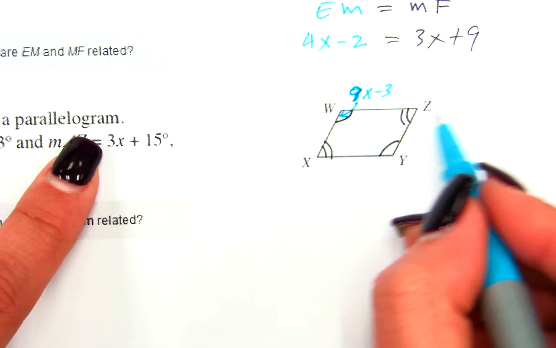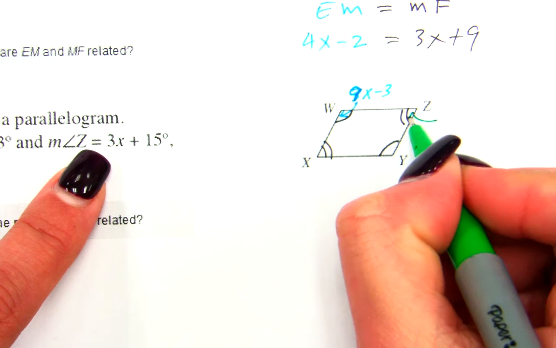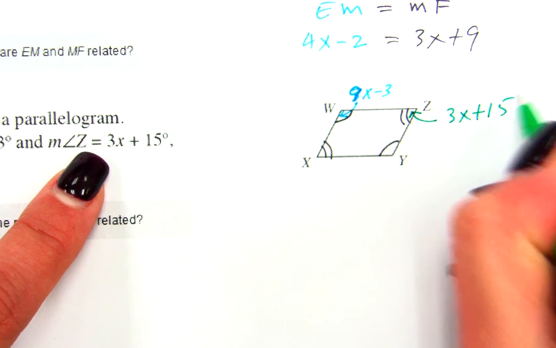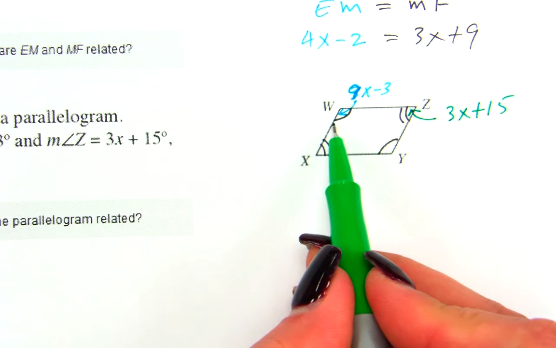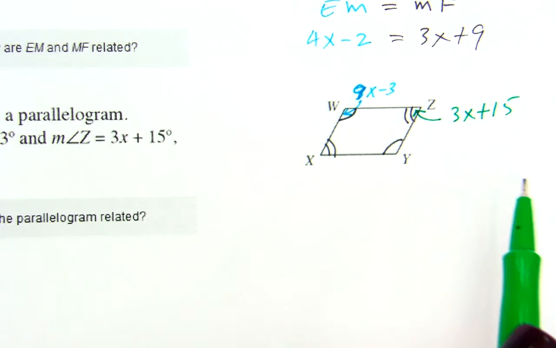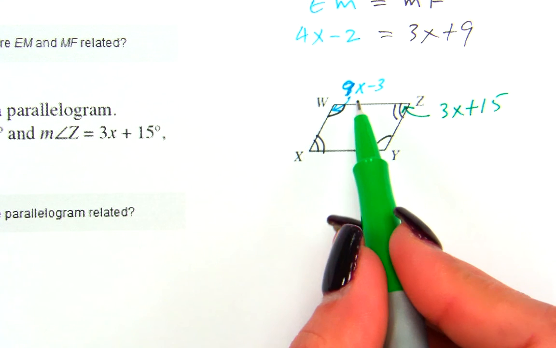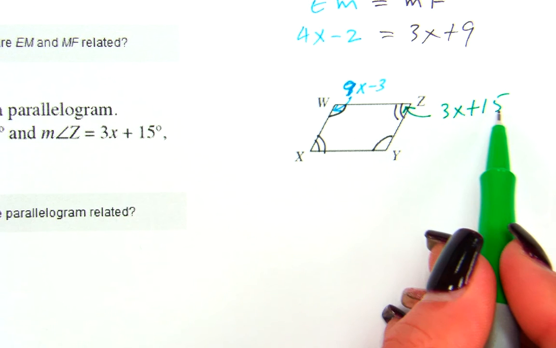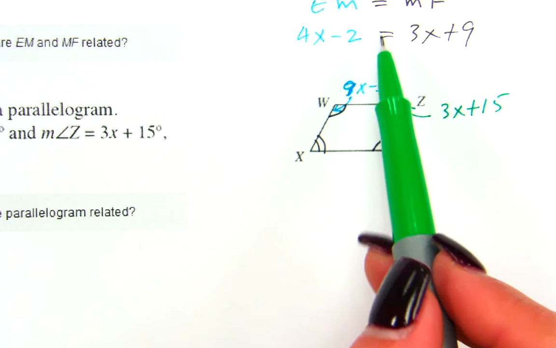And then angle Z, this one up here, I'm going to do this in a different color, is 3x plus 15. All right, well, obviously that's 1 slash, and obviously that has 2 slashes. So realistically, they're not equal to each other. There's no way. So 9x minus 3 will never be equal to 3x plus 15. So you do not solve this one the same way that you solved part B.